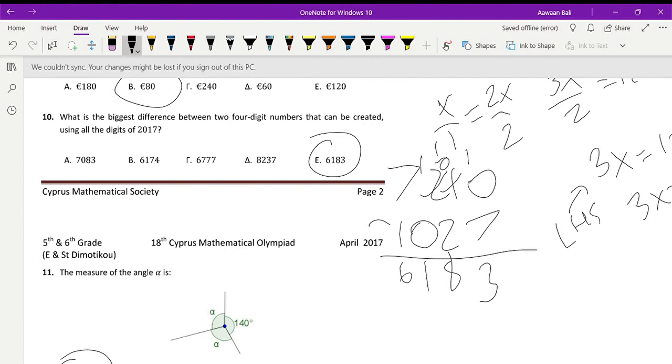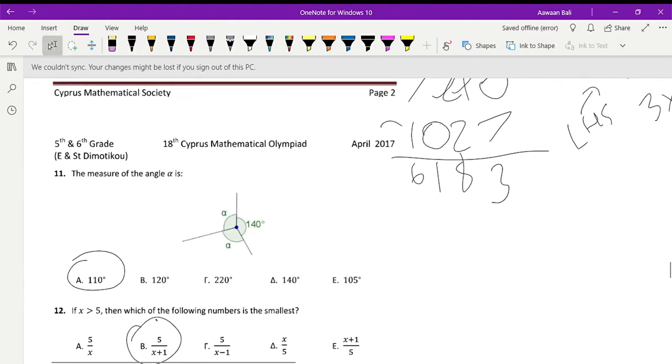In the same way, if you get a small number and then an even smaller number, you might get the smallest difference possible, by taking the smallest number and the second smallest number and subtracting them. That would work. But that's not what the question is saying, and therefore the answer is eta, 6183.